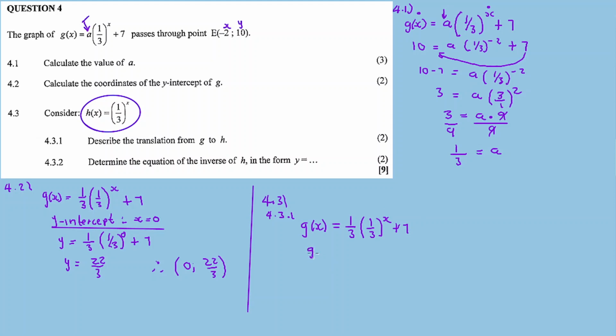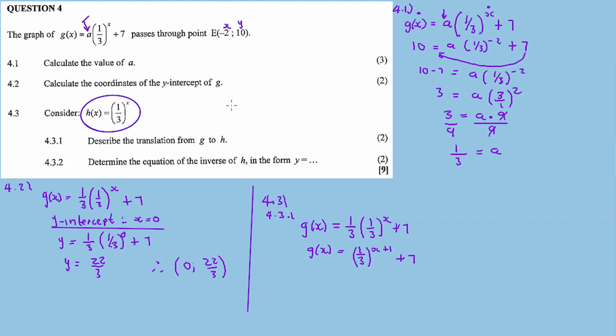But it would make more sense if I write it as 1 over 3 raised to exponent x plus 1, plus 7. Why do I say plus 1 here?